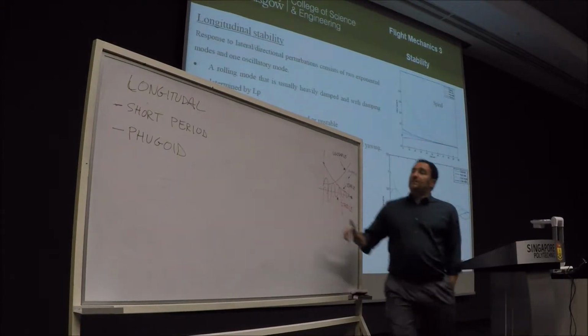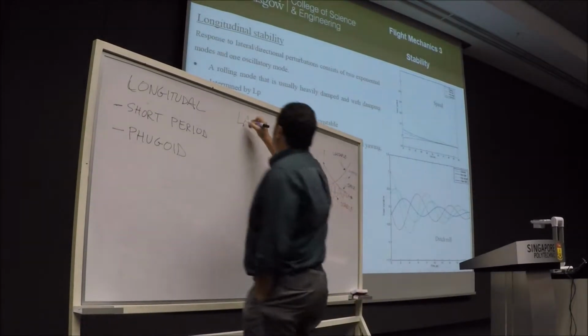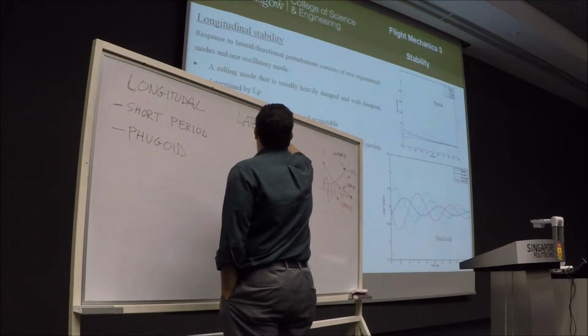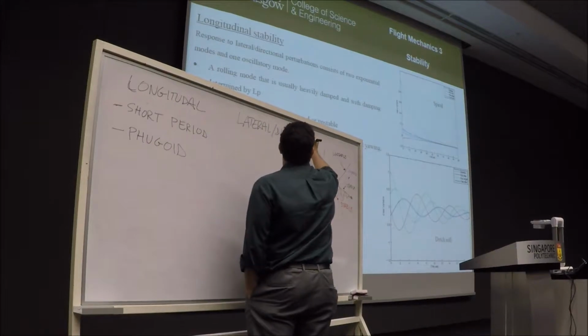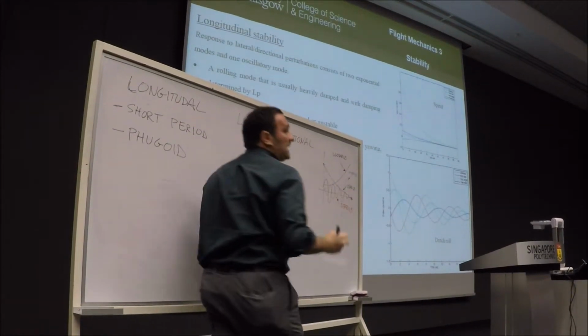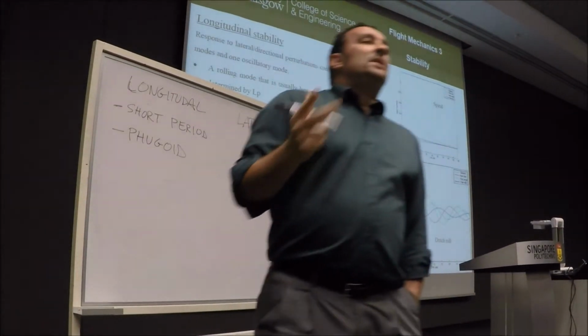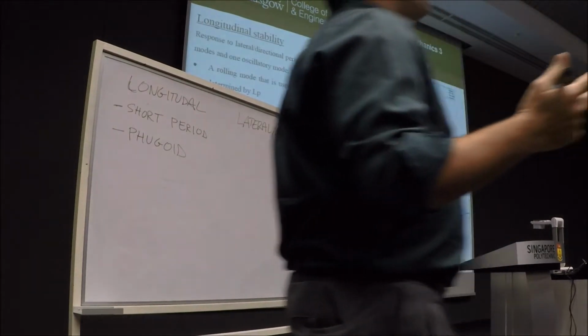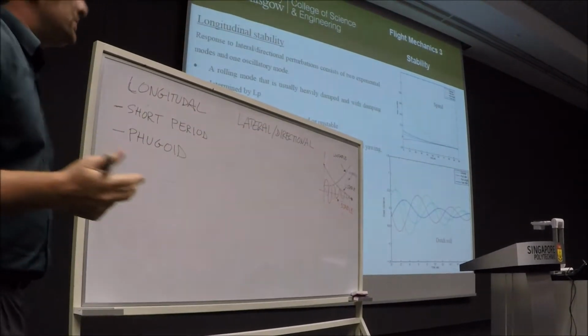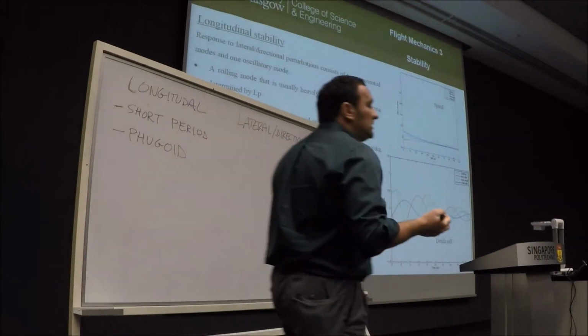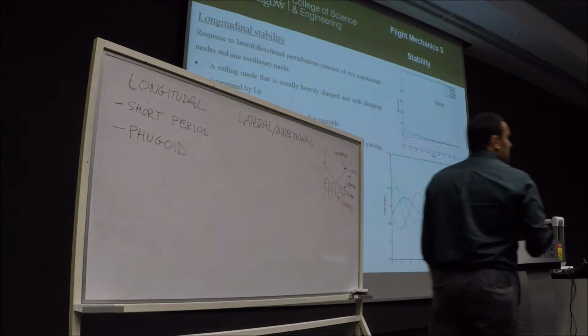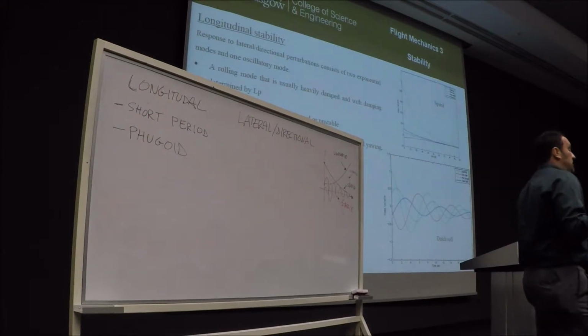Now, in the case of lateral and directional mobility, we have three types of possible modes. Two that are exponential, and one that is sinusoidal behavior.